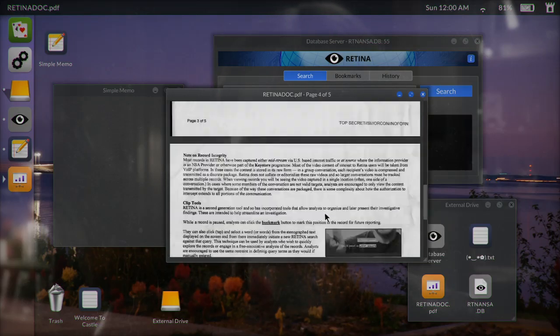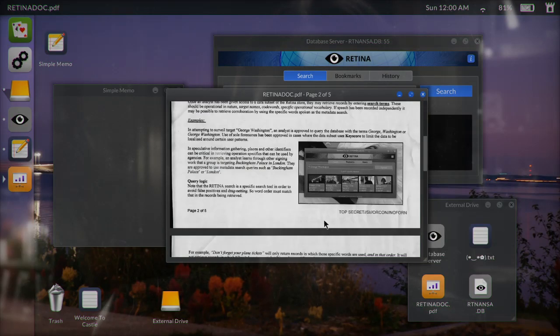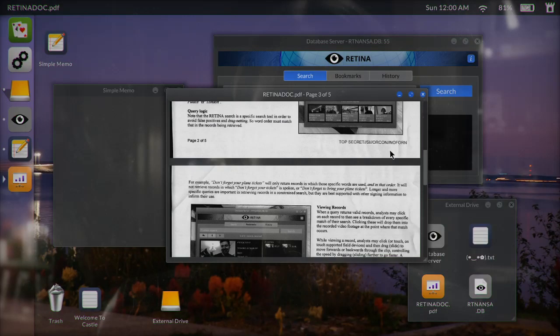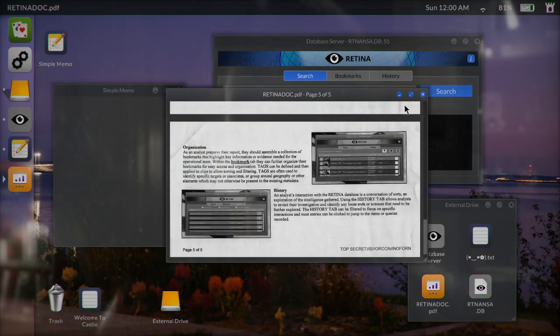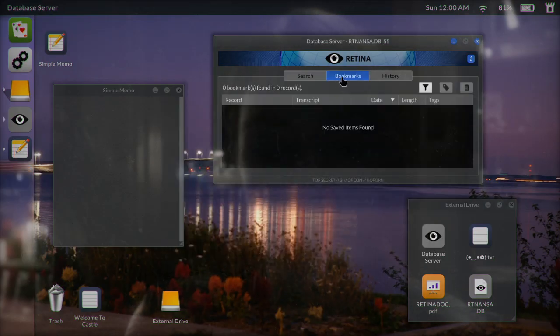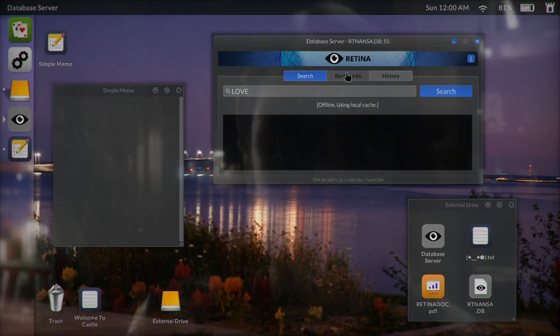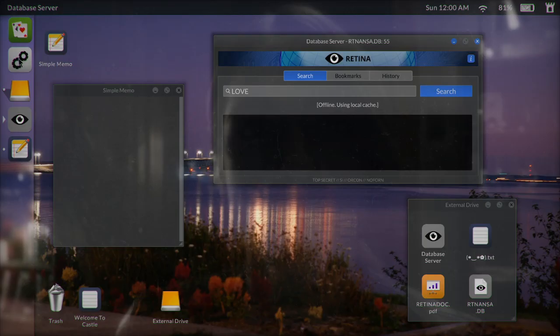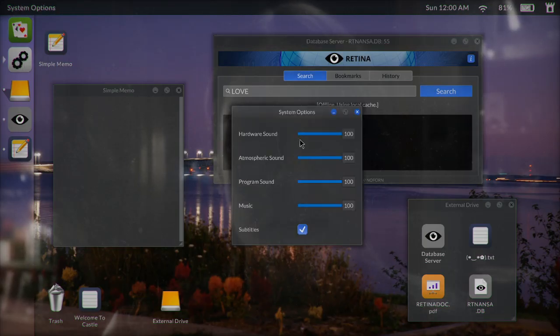Oh, there are 5 pages. Okay. I don't think we need to read all that. Basic use. Okay. Clip tool. Bookmark. Okay. So we can mark videos to see what to keep. What about that? Hardware sound, program sound, subtitles.